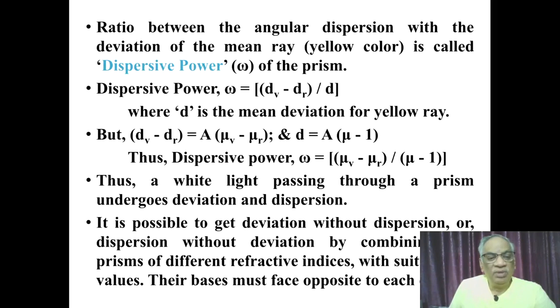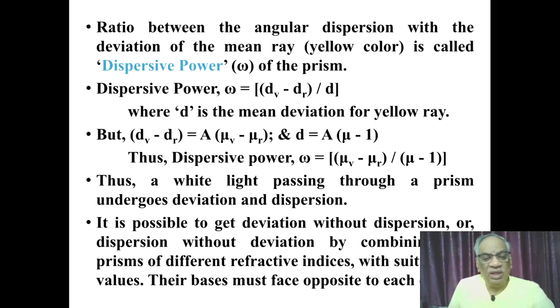So the dispersive power omega is equal to (dV minus dr) by d, where d is the mean deviation for the yellow ray. But dV minus dr is equal to A into (mu v minus mu r), and d is equal to A into (mu minus 1). Thus dispersive power omega is equal to (mu v minus mu r) by (mu minus 1). Thus a white light passing through a prism undergoes deviation and dispersion.